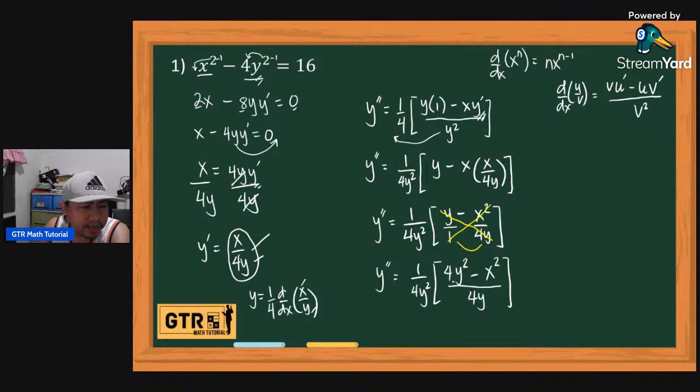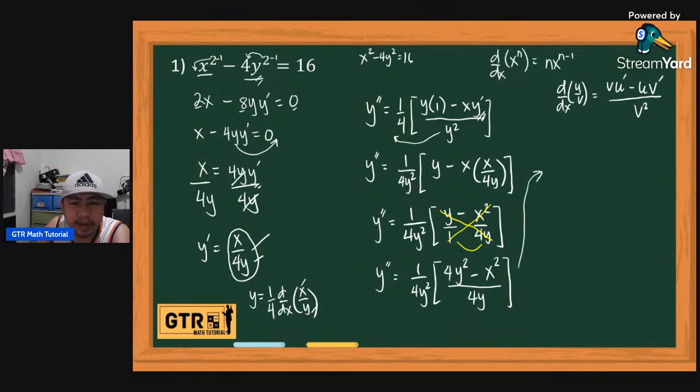Now, we can substitute the value of 4y squared minus x squared. So the original given is x squared minus 4y squared equals 16. So that is the same as this. Oh, we can factor out the negative sign so that it will be equal.